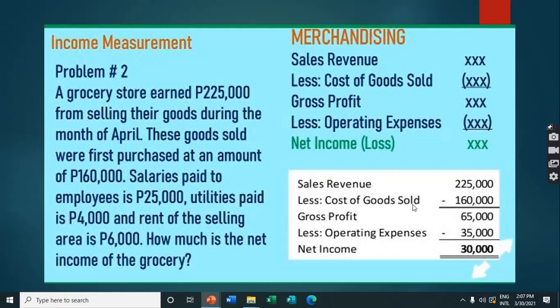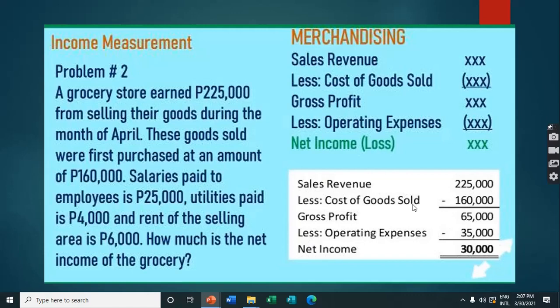So, ano ba yung mga naka-state dito ng operating expense? Salaries na 25,000. Ayan, i-compute natin. Plus, yung 4,000 na utilities. And then, yung renta mo na 6,000. Ayan, we have 35,000 yung amount ng operating expenses mo. Ngayon, i-less mo siya sa gross profit na na-compute mo kanina.